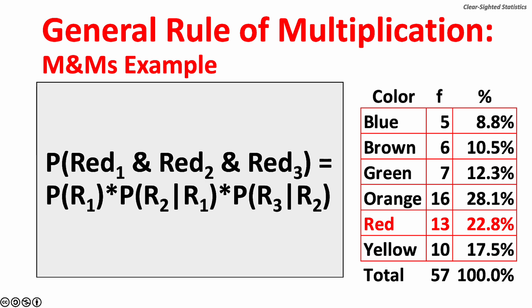We express this calculation as the probability of red on the first pick and red on the second pick and red on the third pick equals the probability of red on the first pick times the probability of red on the second pick given that red was selected on the first pick times red on the third pick given that red was selected on the second pick.